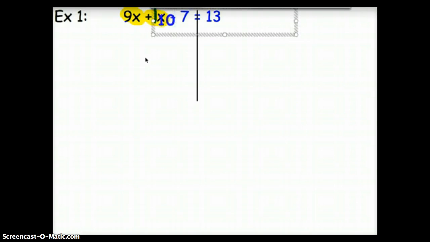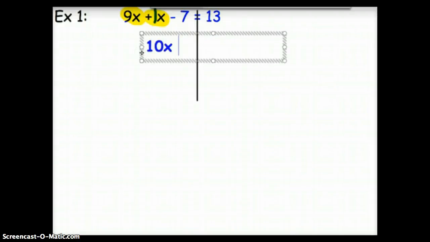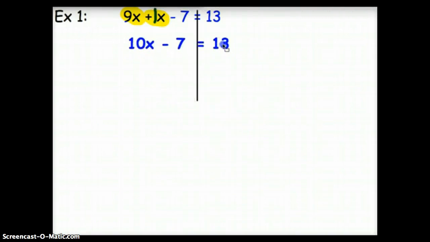9x plus another x gives us 10x. So I have 10x minus 7 equals our 13. From here, I need to undo any addition and subtraction.